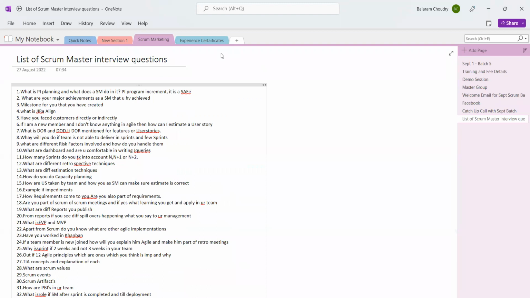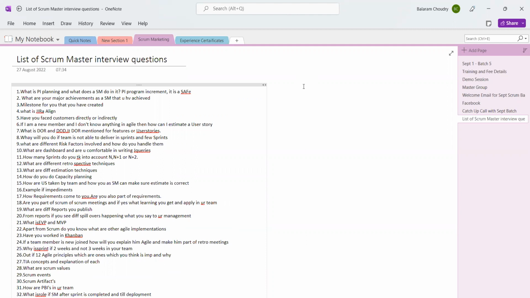Let's say, for example, you have one sprint. After one sprint, the second sprint is planned, then third sprint and fourth sprint, right? However, in PI planning, what do you do? Do you remember the sheet that I gave you? The capacity calculation sheet.